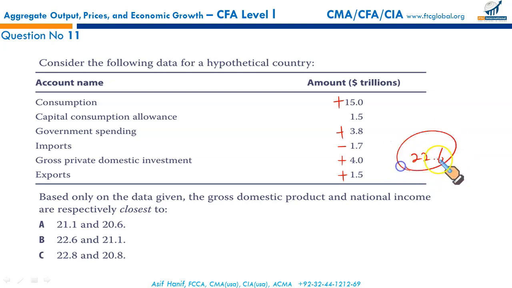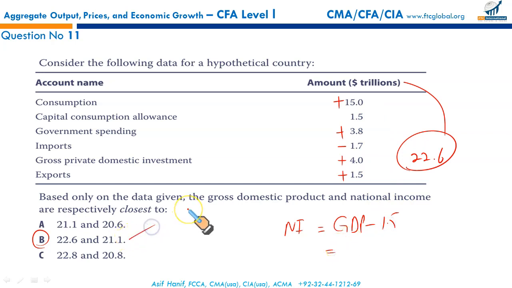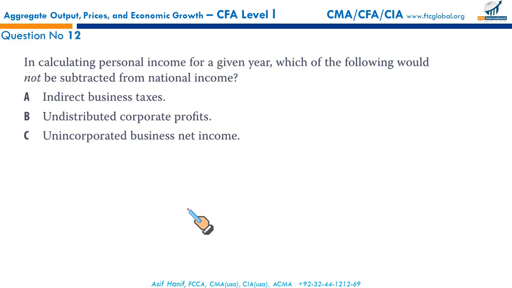So 22.6 trillion is your GDP, and that makes B the correct option. The national income is equal to GDP minus capital consumption allowance, which is 1.5. So 22.6 less 1.5 is 21.1. That further guarantees that B is the right option.